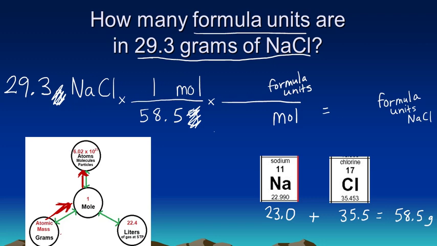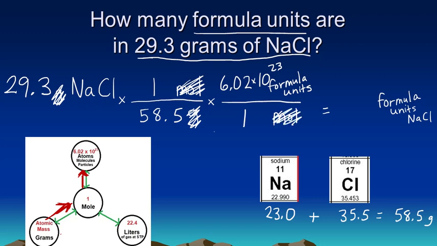So we look at our mole diagram, and it looks like next to atoms or molecules or any other little teeny tiny particle, like formula units, we put 6.02 times 10 to the 23rd. And then next to moles, we put the number 1. So we're going to cancel moles top and bottom.